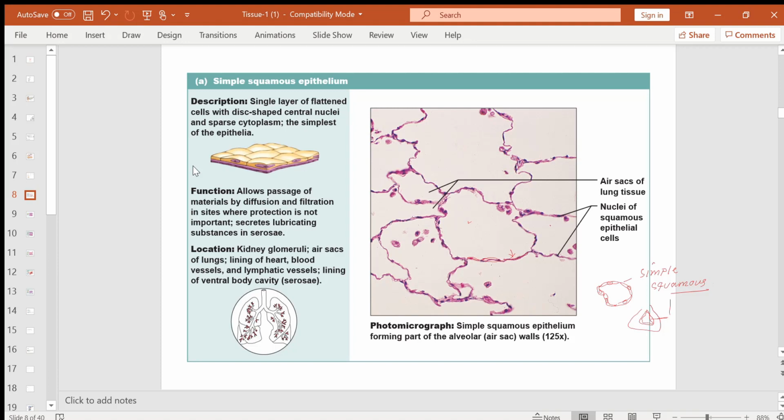Also, in the inner lining of the blood vessels. So this is a blood vessel, and if you see the innermost lining, a thin layer of simple squamous. So remember those three areas: wall of the alveoli or air sacs in the lung, innermost thin lining of the heart, and innermost lining of the blood vessels. Okay.